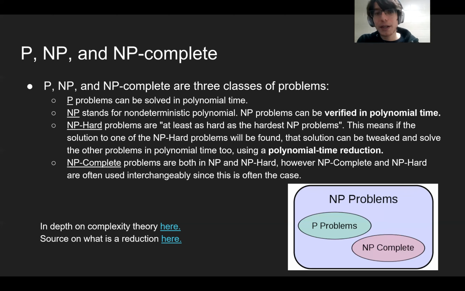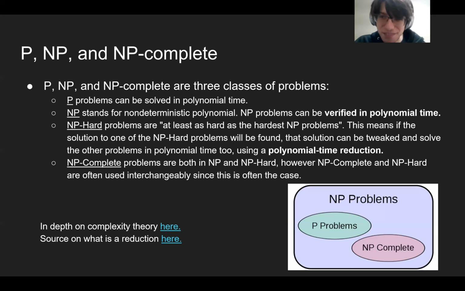Then all of the things in NP hard just become P. It all collapses down to P, because if you could solve one thing in NP hard in polynomial time, everything else in NP hard is just as hard, or just as easy, as it. So those must also be in P.